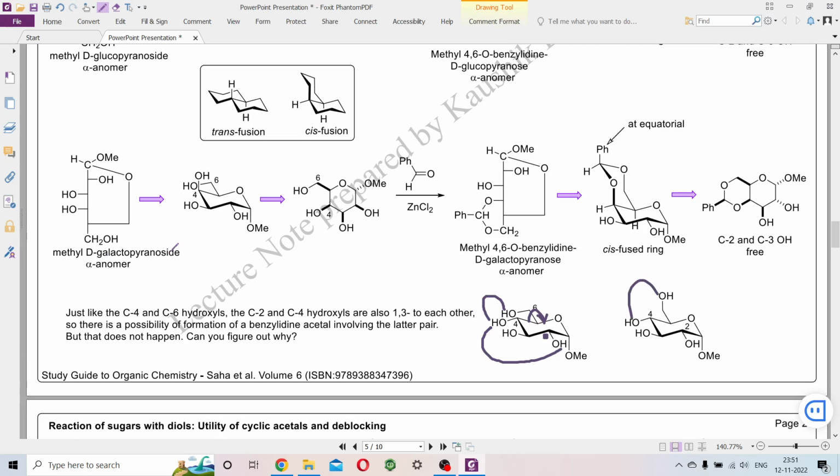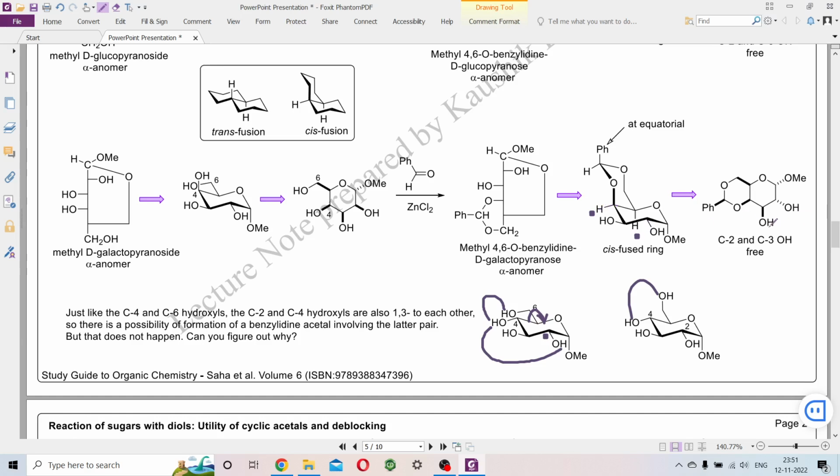galactose? Take the galactopyranose alpha anomer, methyl glycoside of galactose. So in this case you have C4 and C6OH again placed in such a way that it can form a benzylidene derivative, and this time if you inspect, these two hydrogens are both projecting downward. So this one is an alpha hydrogen, that one is also alpha hydrogen, alpha meaning projecting downward in the chair form, and therefore this ring junction is cis.